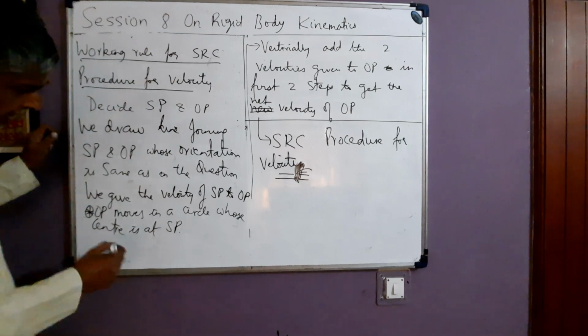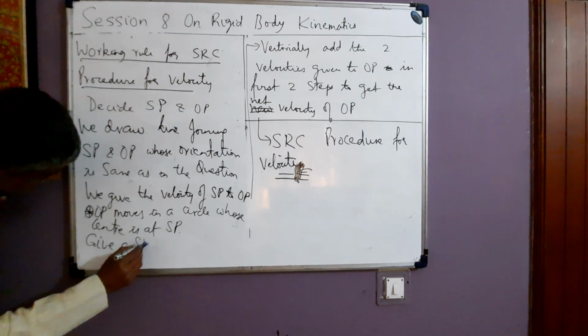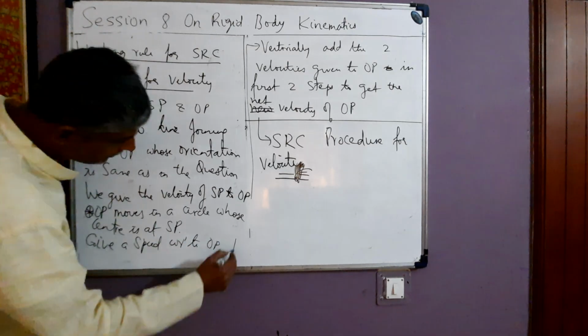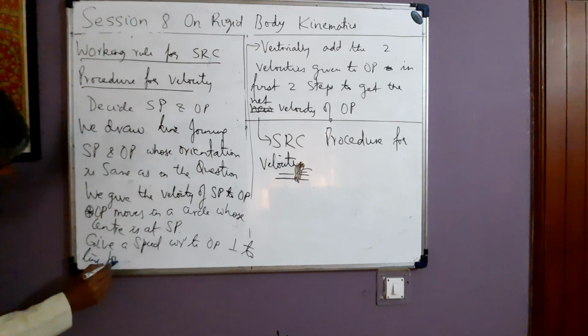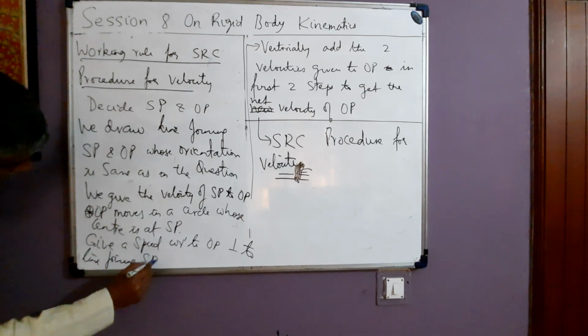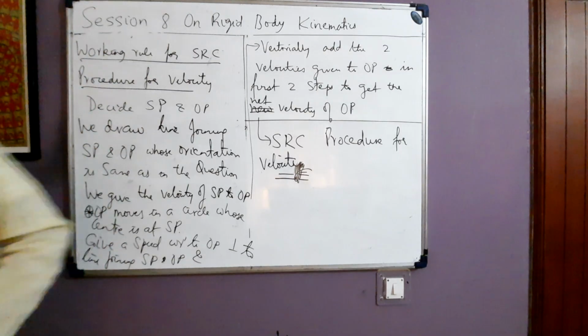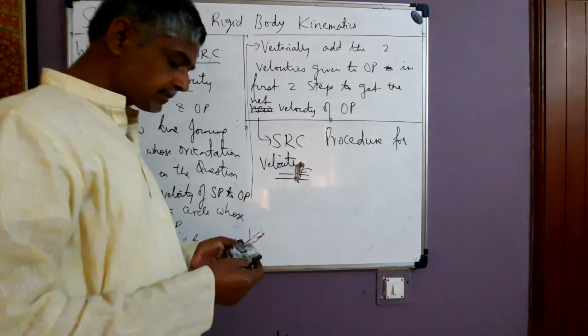And what action do we take? We give a speed omega r dash to OP, perpendicular to the line joining SP and OP, corresponding to the sense of omega of m with respect to f.